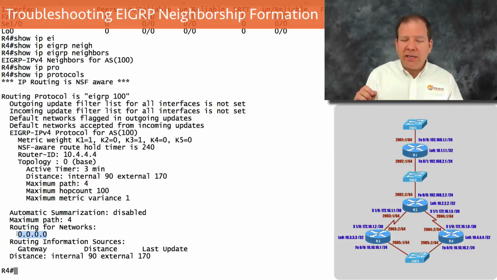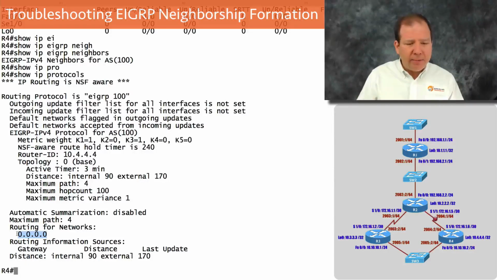The network statement is saying any interface that has an IP address that belongs to this scope of addresses defined by the network statement, make that interface participate in EIGRP. We're not saying advertise this network, we're saying any interface whose IP address belongs to this address space, make that interface participate. And if I want any or all of my interfaces to participate in EIGRP, a shortcut is to say network 0.0.0.0. And that's what we've done here, and that should be fine.